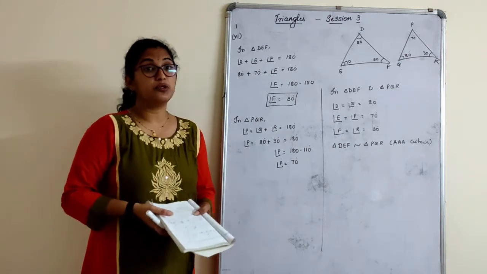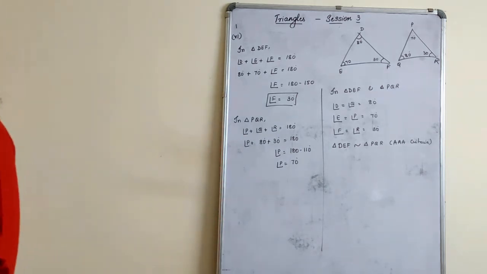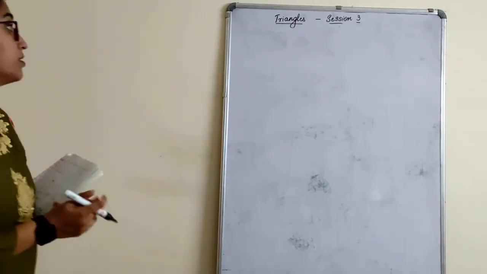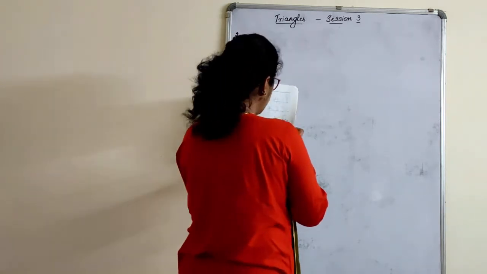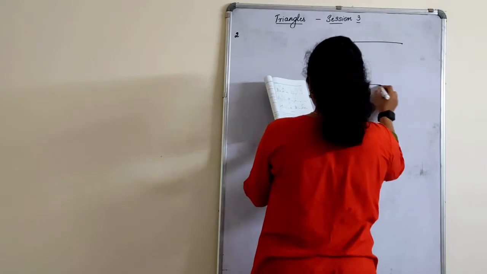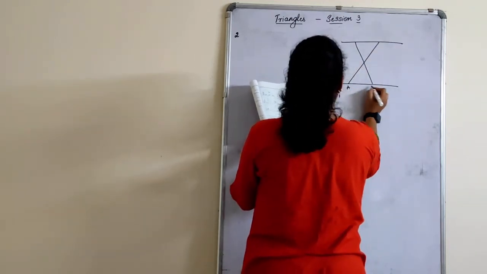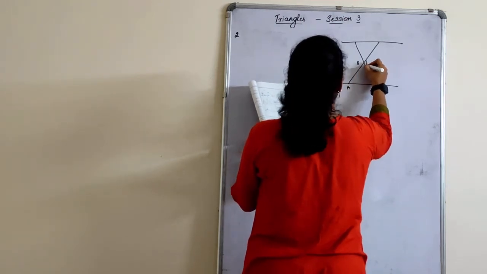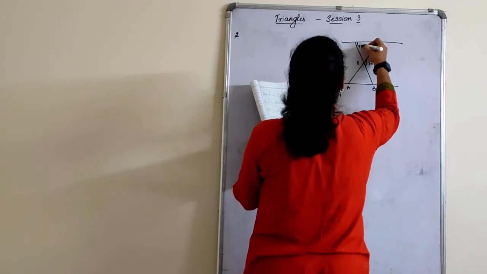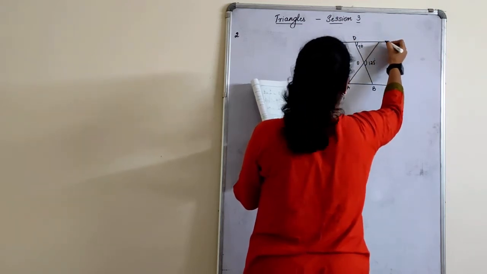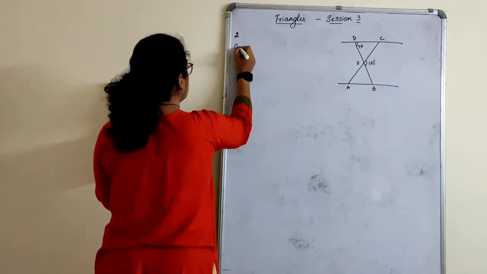The same thing we are going to apply in the next set of triangles. Exercise second one. So the figure given here is A, B, this is O, this is 125 degree, this is 70 degree, D and C. So what have they given first of all?